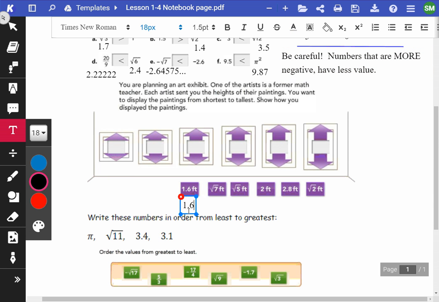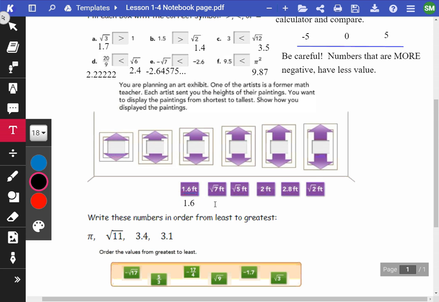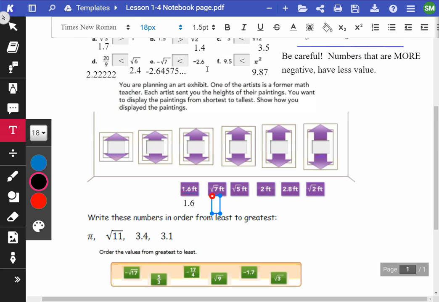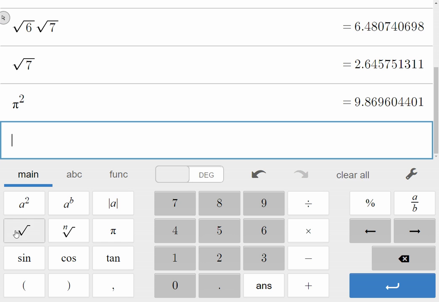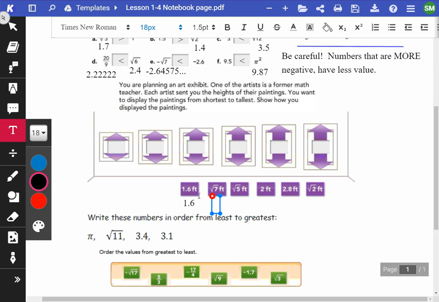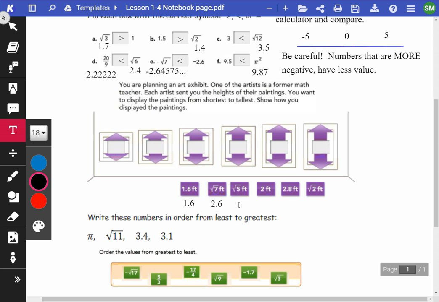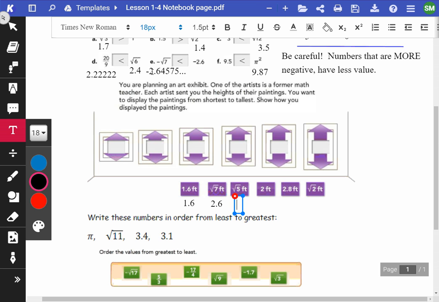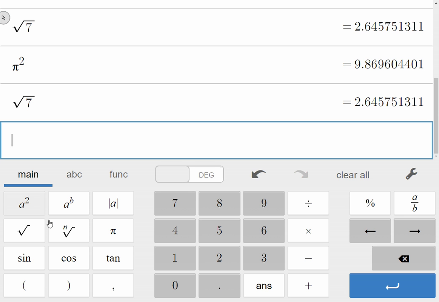That's the decimal value of that. Then I'm going to do a decimal value for the square root of 7. Again, calculator, and round it to the nearest tenth. That would be about 2.6. I'm going to put that right under the square root of 7, so I know what that is. Then this one's the square root of 5. I'm putting that in the calculator.